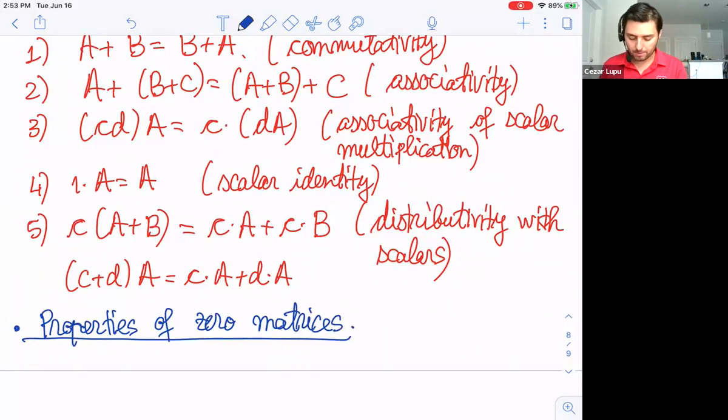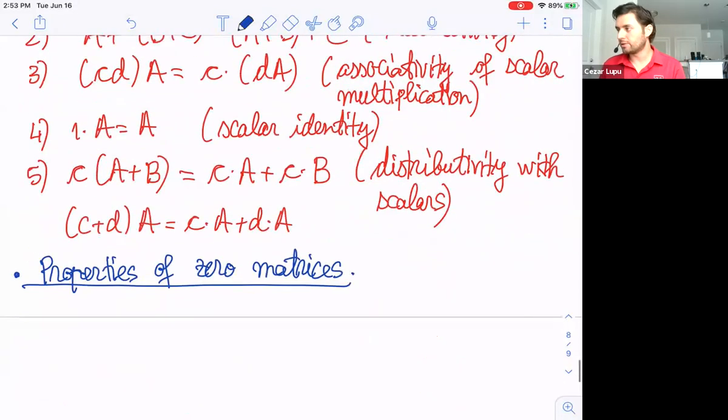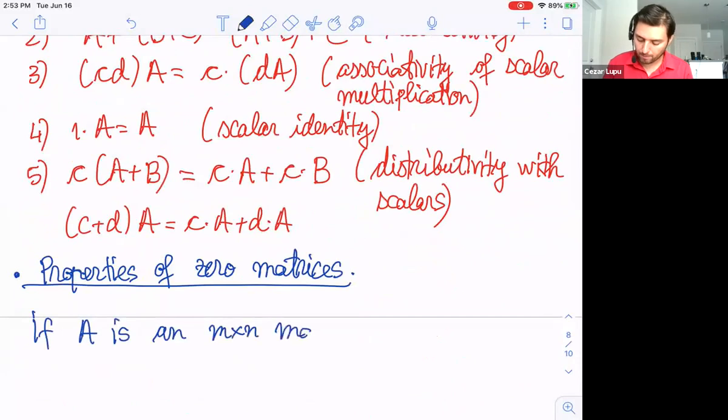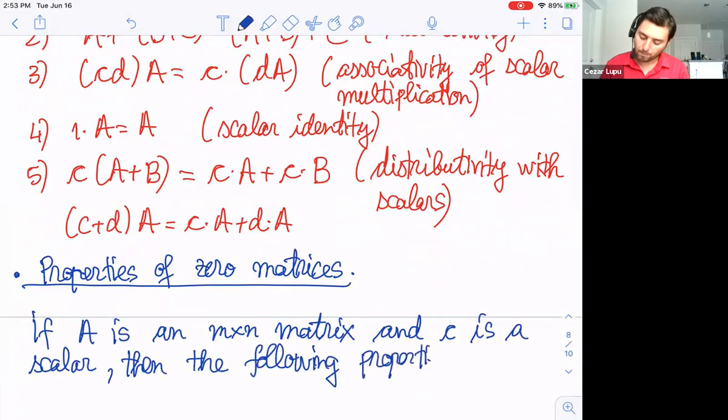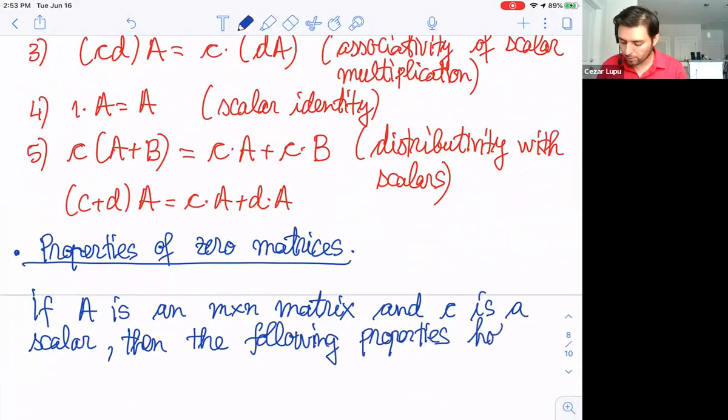Here, I'll consider that A is an m by n matrix and C is a scalar. Then the following properties hold true.